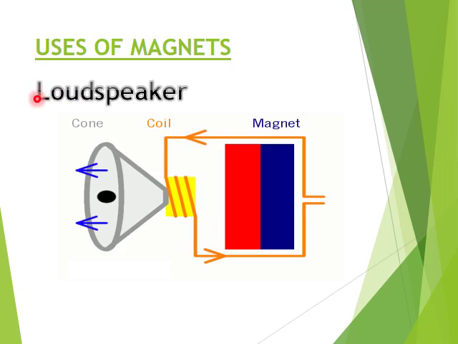The use of a magnet in the loudspeaker is its main use. So here is the function of the loudspeaker. How can we use a magnet in the loudspeaker?